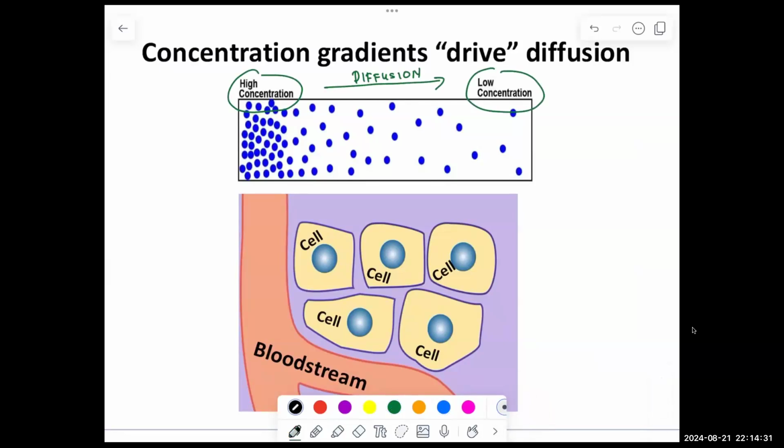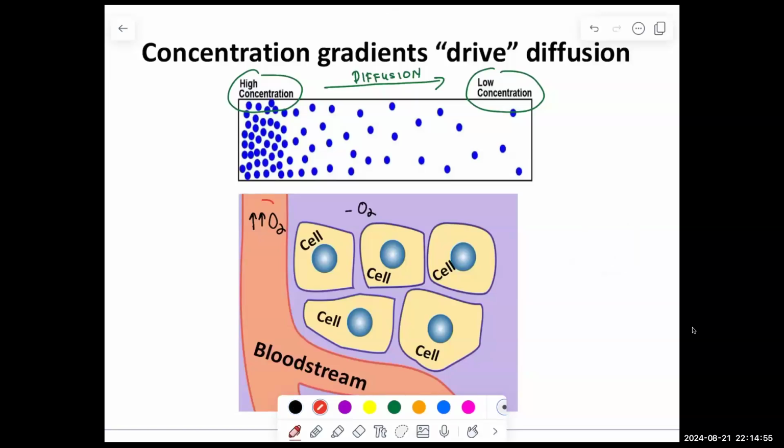So when you breathe, the oxygen concentration is super high in your blood. The oxygen concentration is moderate inside the interstitial fluid.